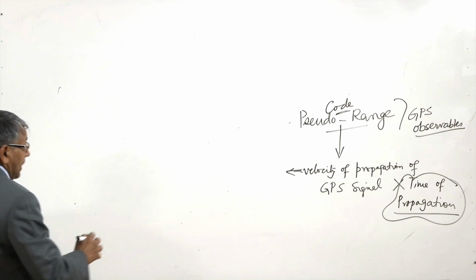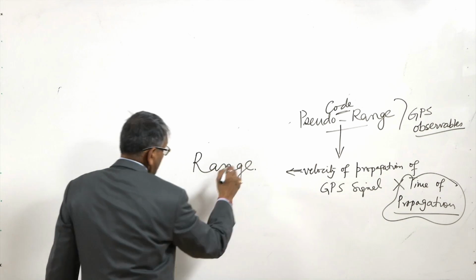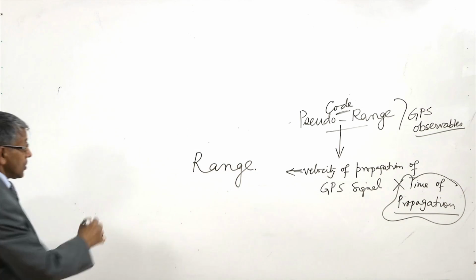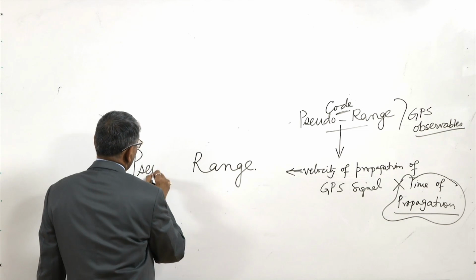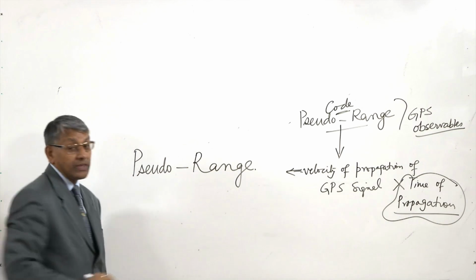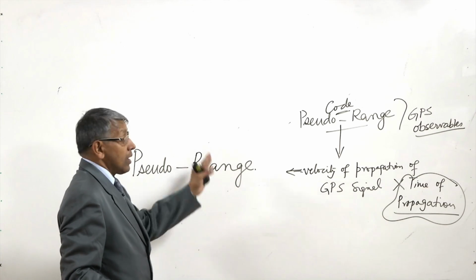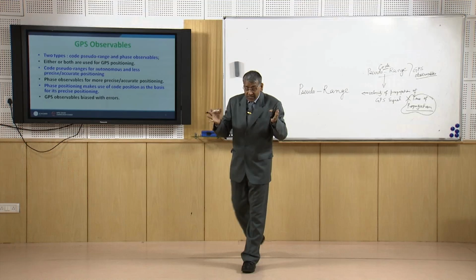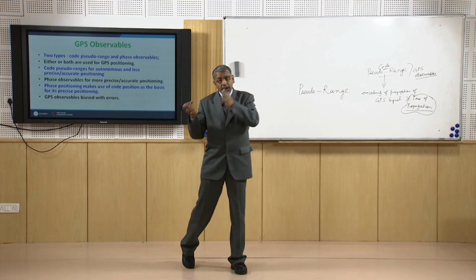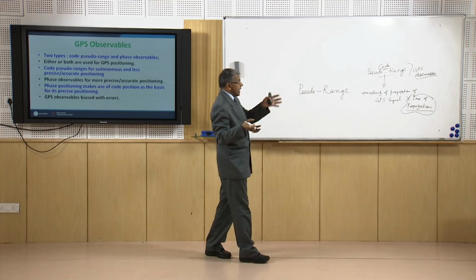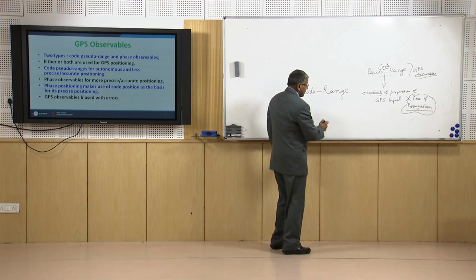So instead of the range, meaning the geometric range, the actual distance, we get a pseudo range, meaning the range associated with error. So it is called pseudo range. It is the actual distance between the satellite and the receiver plus some distance due to error in synchronization of time.